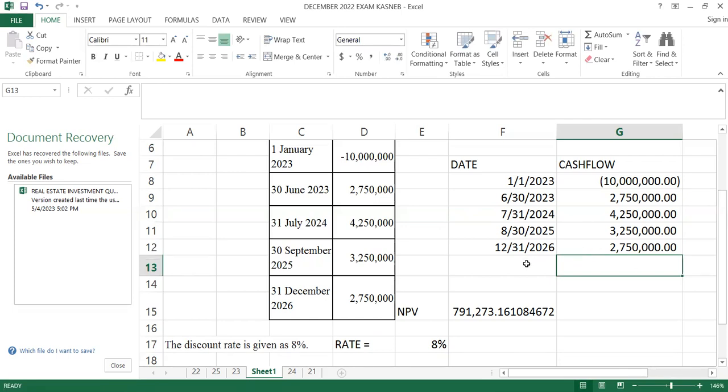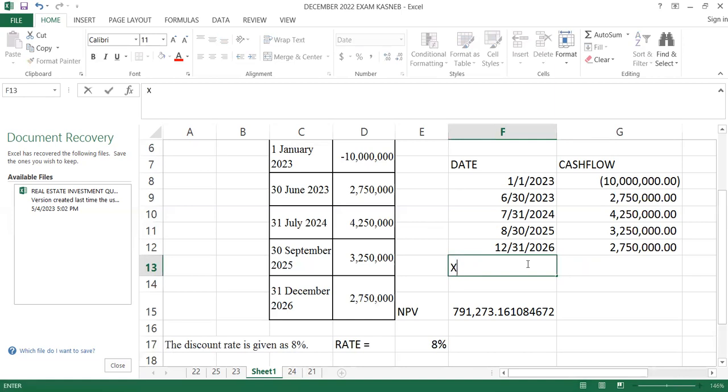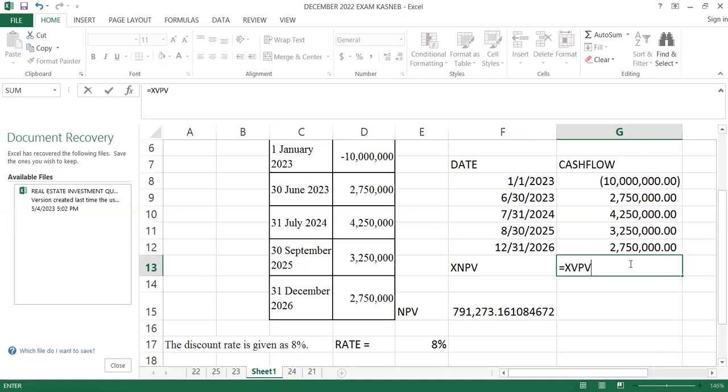Now we need to get the XNPV. We say it's equal to XNPV. Now we start with the rate. The rate here is 8%. We put comma. The values, we start now from year 0. Remember when we were doing the NPV, we started from year 1.